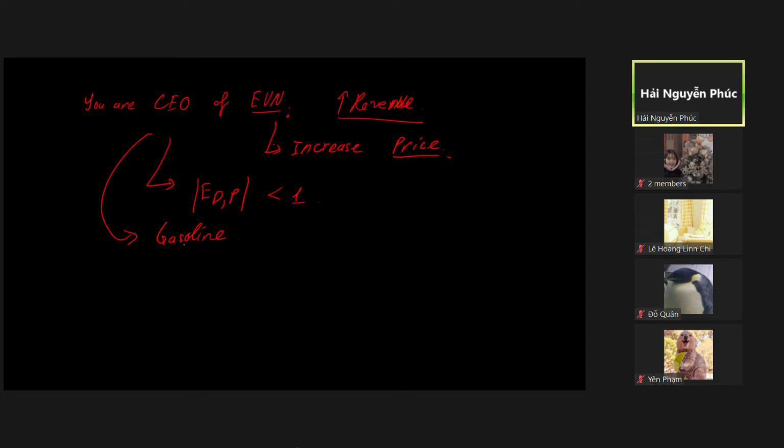Okay, so the rule is very simple. We can say that the rule of making price decisions is going to be very simple. If you have inelastic demand, okay, and you set the goal of increasing revenue, right?